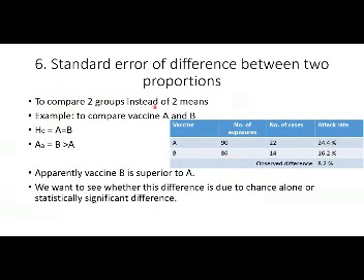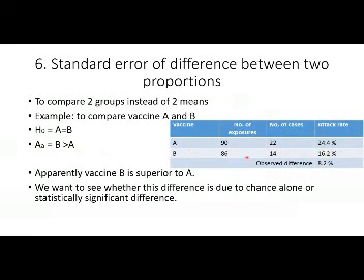To compare two groups instead of two means, for example, to compare vaccine A and B. Now, the null hypothesis says that there is no difference between the two vaccines. A is equal to B. While the alternate hypothesis says that A and B differ.